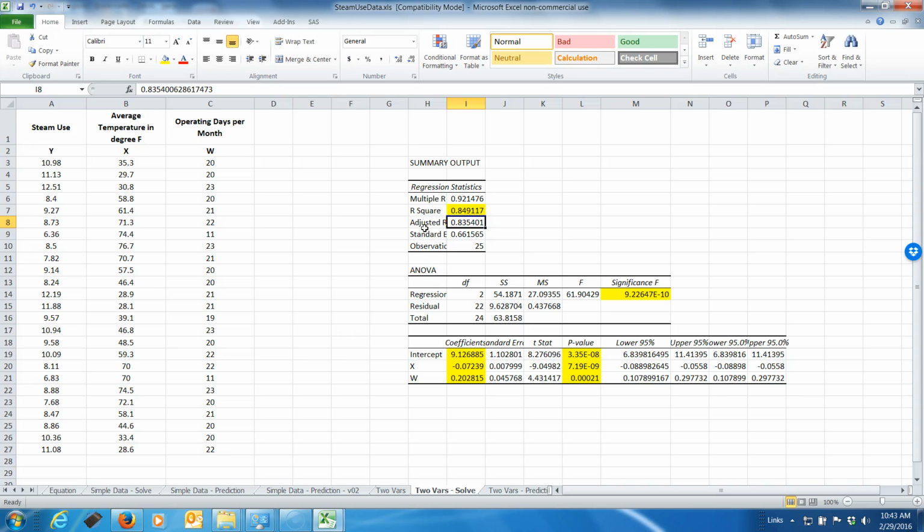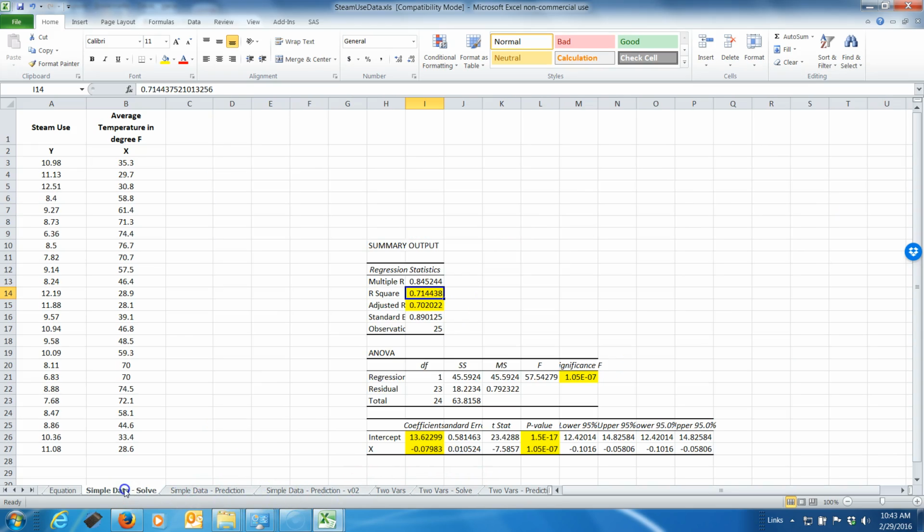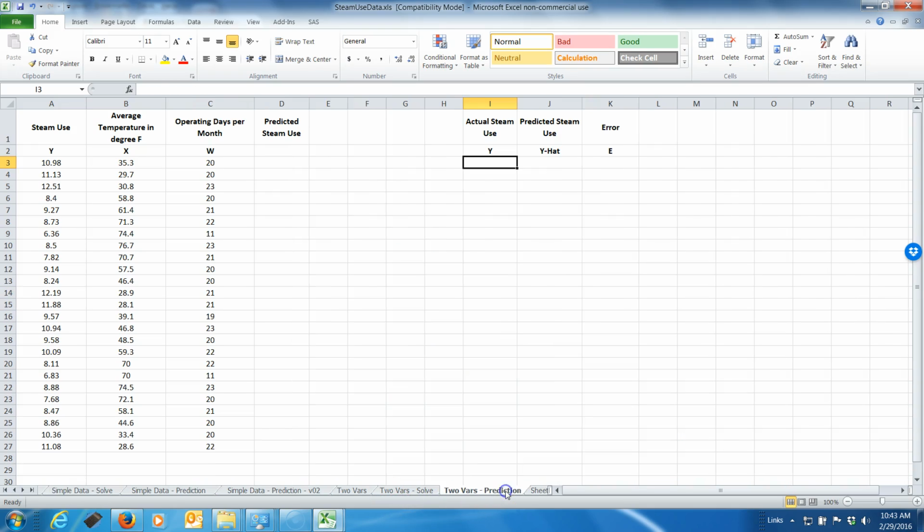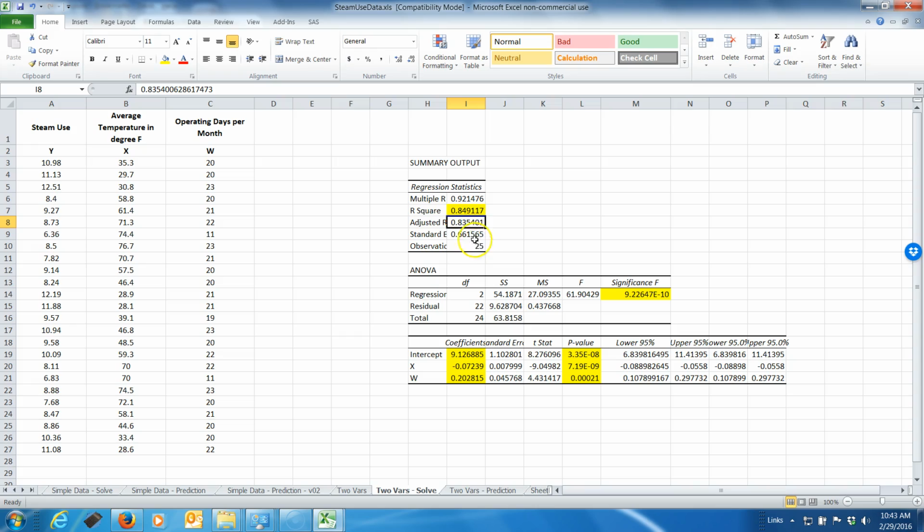So I'm going to adjust this accuracy and penalize my model for having 3 variables, 1, 2, 3, instead of 2. So this is 83%, and let's go back and look at this guy, and it's 70%. So clearly adding that second variable has now improved my model.